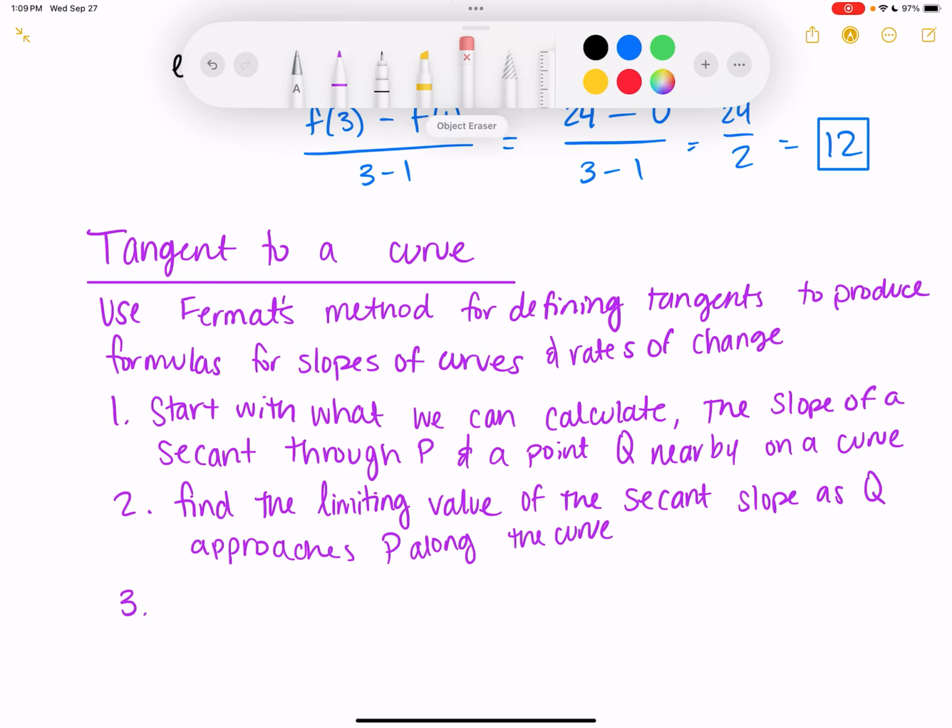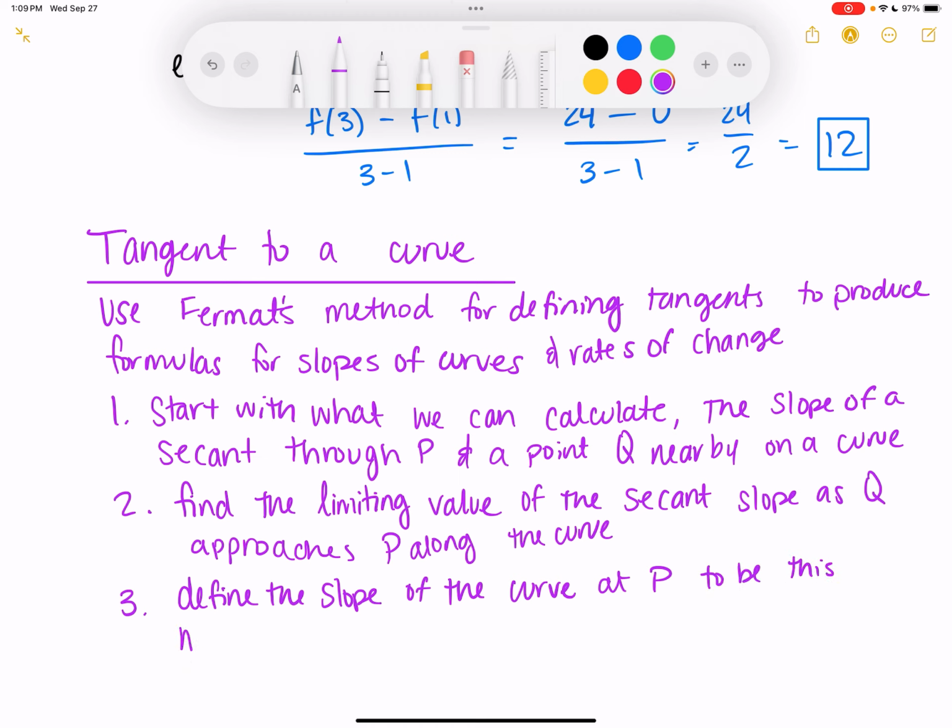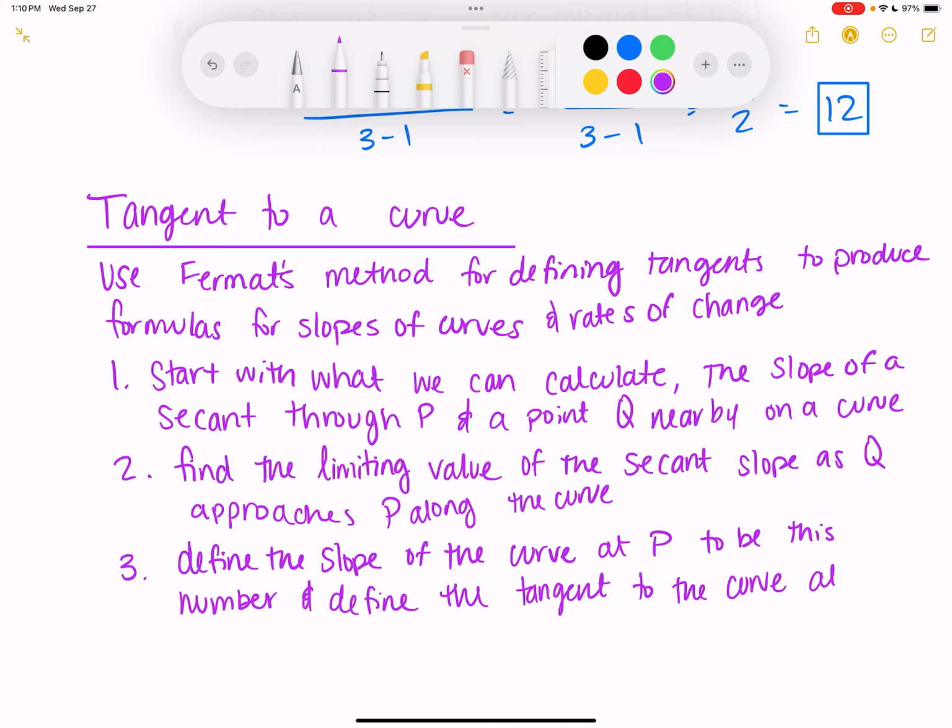And then 3, define the slope of the curve at P to be this number, and define the tangent to the curve at P to be the line through P with this slope.